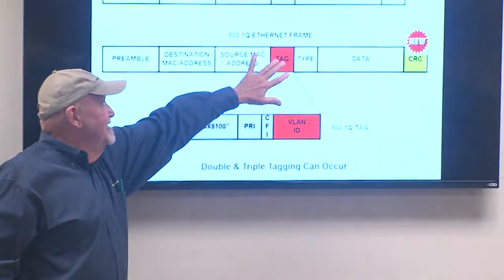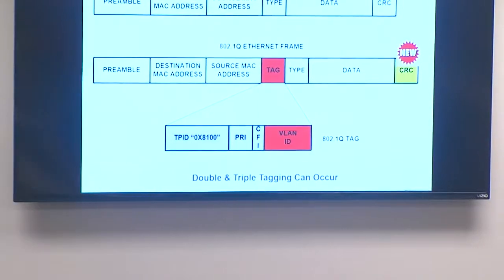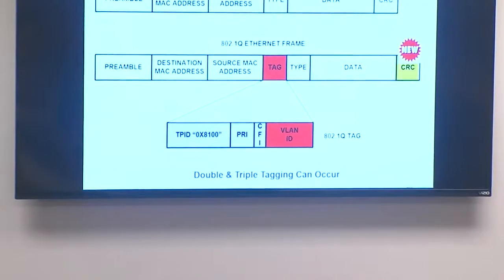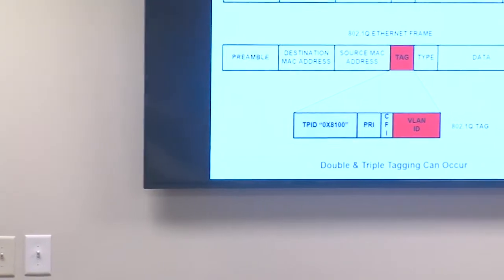So you just basically stack tags, and you have what is referred to as the inner tag, and then outer tags that are added to that, and they're simply added to the left. So conceivably, if you had a triple tagged frame, there would simply be 3 tag fields there.